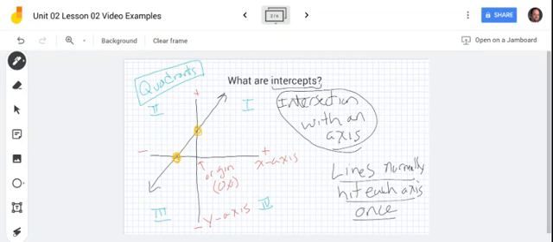But special cases will only hit one axis. Otherwise, all lines hit both axes once. Think about it. The equation had an x and a y. If it has an x and a y, then it has to hit the x and the y. However many variables it has, that's how many times it touches an axis.